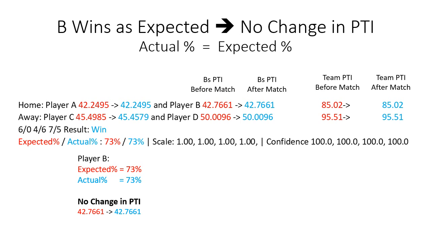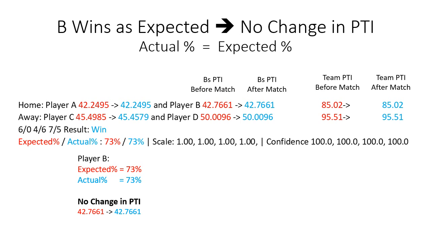The home team wins the match, as seen by the results. With the win and the final match score as inputs into the algorithm, it calculates the actual percent as also 73%. I want to make a side note here that this value is not the percentage of games won. The 73% actually also includes the win factor.